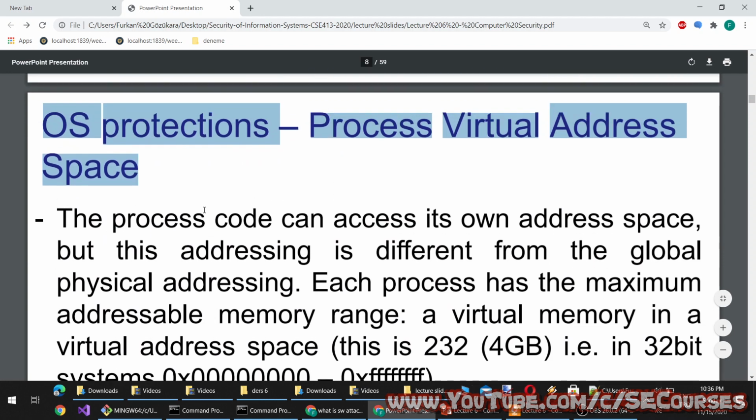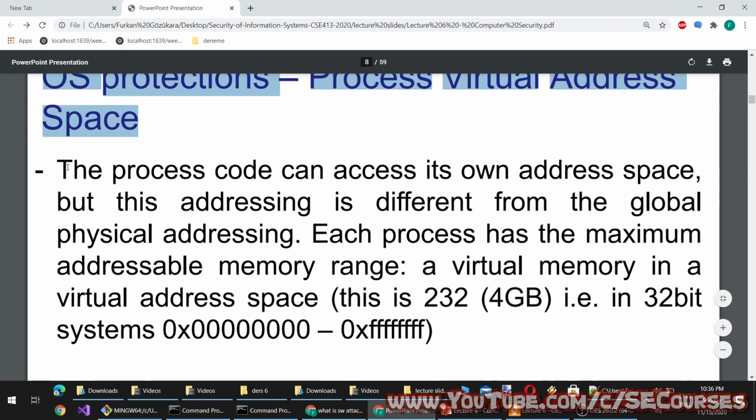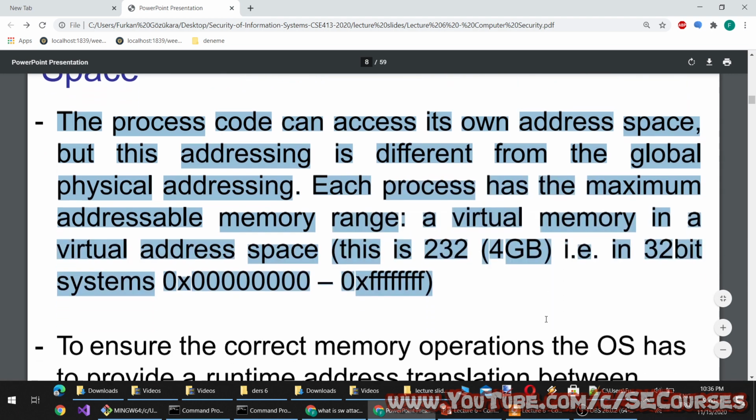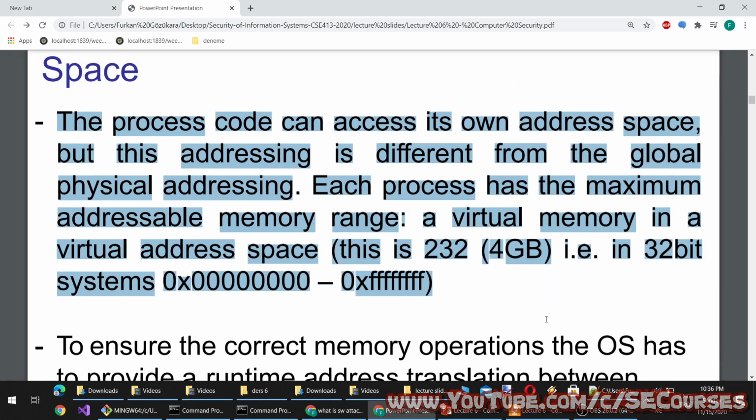OS protections, process virtual address space. The process code can access its own address space, but this addressing is different from the global physical addressing. Each process has the maximum addressable memory range, a virtual memory in a virtual address space. This is 2^32, 4 gigabytes, i.e. in 32-bit systems hexadecimal 0x00000000 to 0xFFFFFFFF.